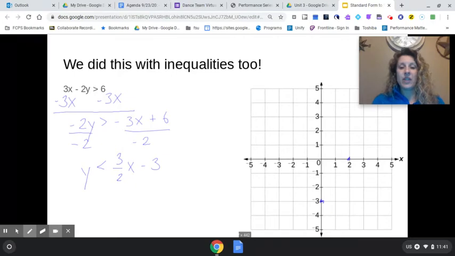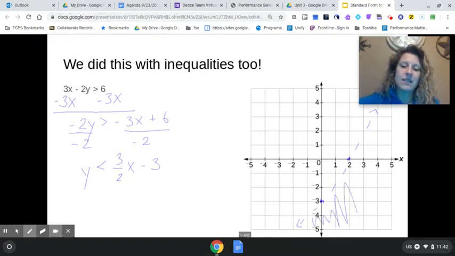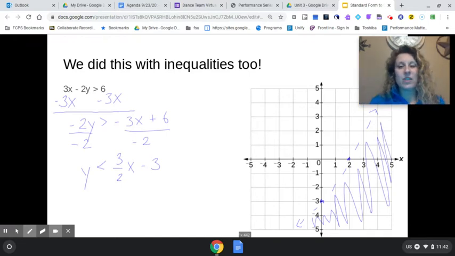Since this one is just less than, it is going to be a dotted line. We do not want to include the points that are on the line. And for less than, we shade below the line. So we get a whole solution region with a bunch of different points that would be considered solutions to that inequality.